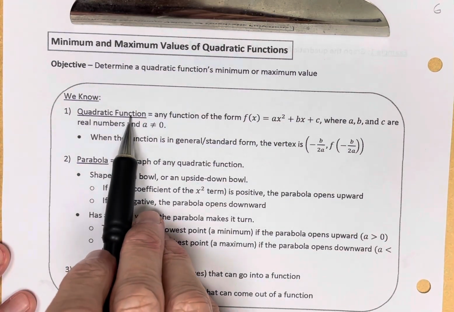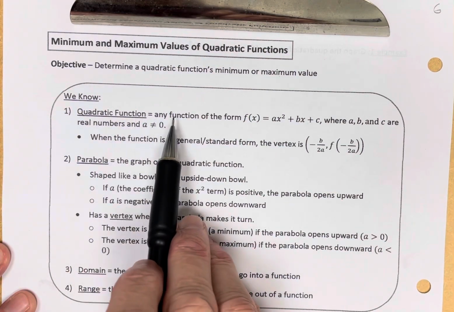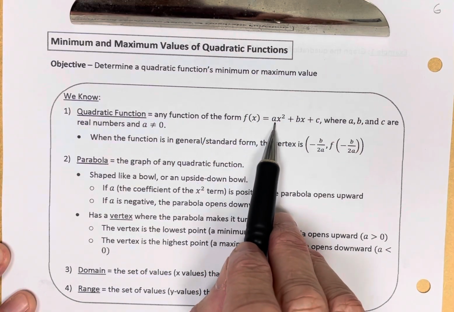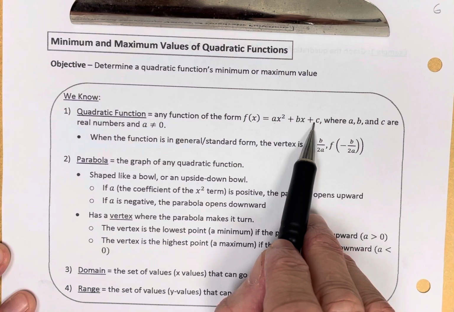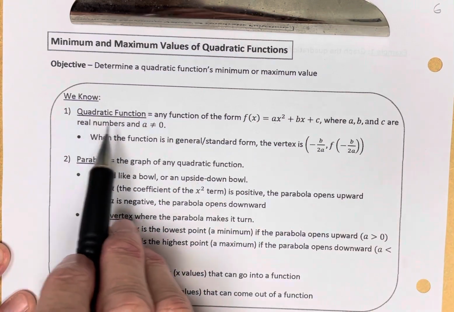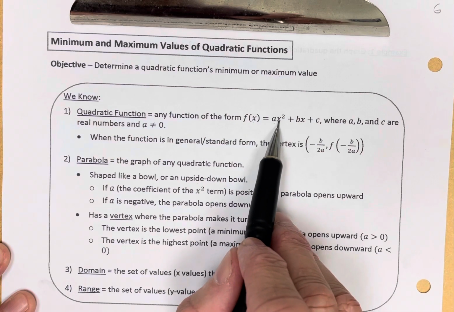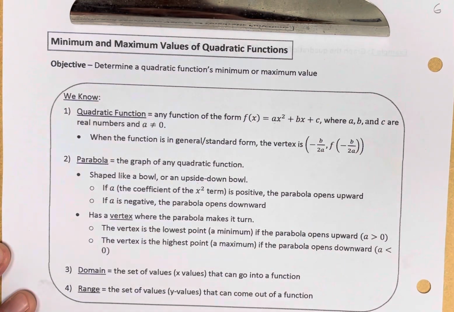Well, we know what a quadratic function is. It is any function of the form f of x equals ax squared plus bx plus c. A, b, and c are real numbers, and you have to have an x squared term, so a can't be 0.